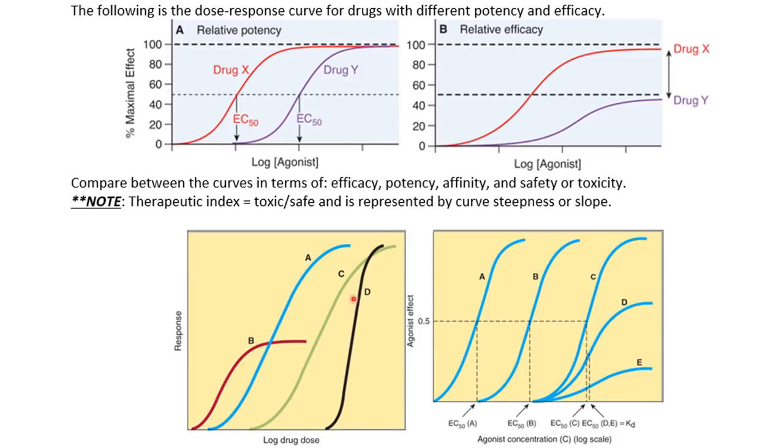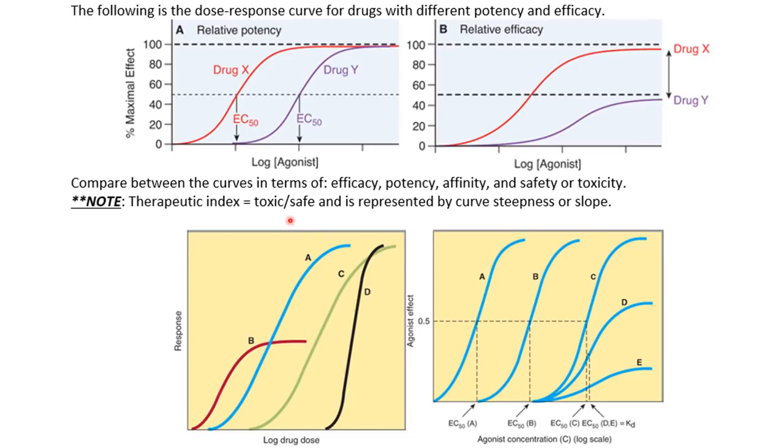The slope is more steep, so the steepness of the curve is higher than this drug here. Think about whether having a higher slope would make it safer or more toxic. Compare a drug that has a steeper slope with one that has a less steep slope in terms of toxicity and safety.